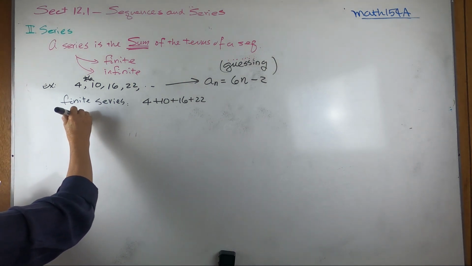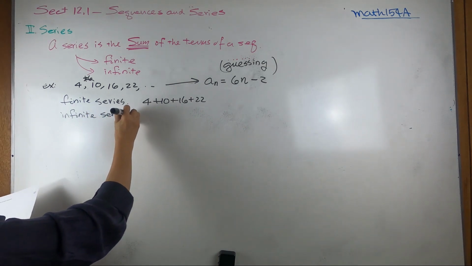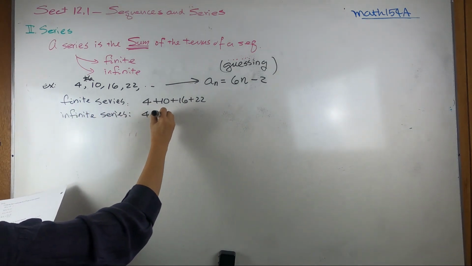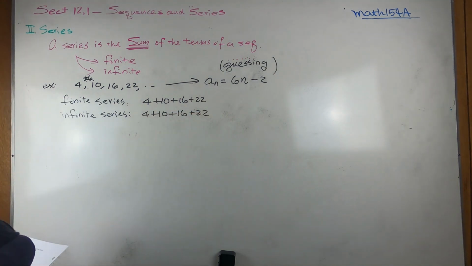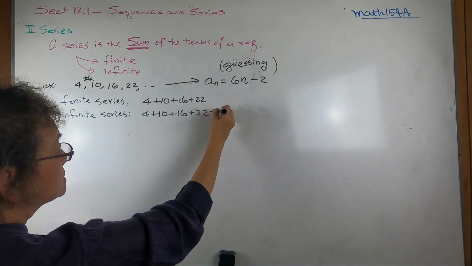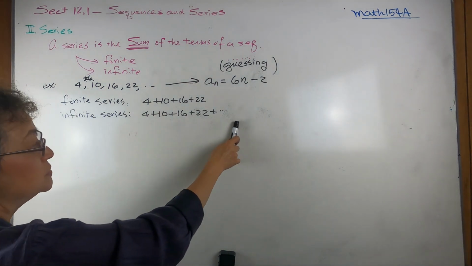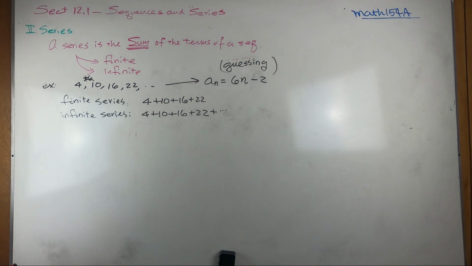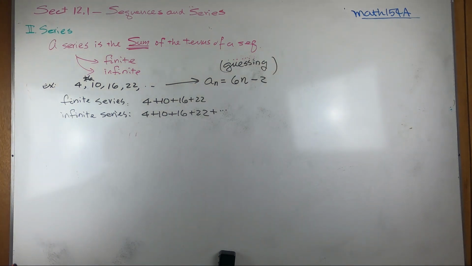If it's an infinite series, what are we talking about? We would do it this way: 4 plus 10 plus 16 plus 22. Then we have to keep going, keep adding. So we just use this symbol, 3 dots, to represent the idea of the infinite series, right?